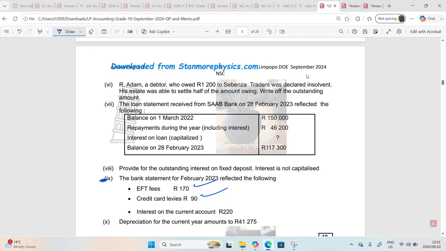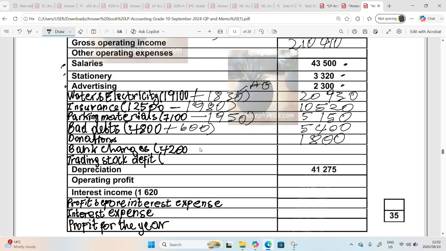Okay, so let's add 170 EFT fees and credit card levies of 90 rand, increasing our bank charges. It is 170 plus 90. Please always show calculations, guys, to get part marks. Then you should get an amount of 4,460.